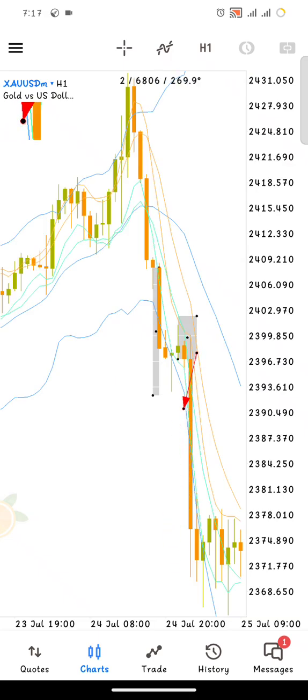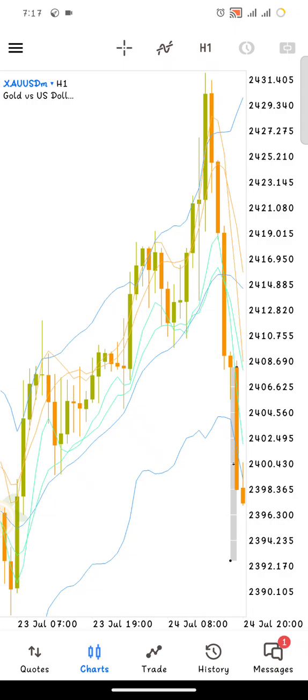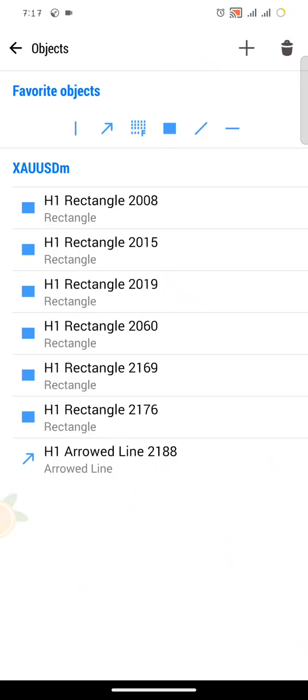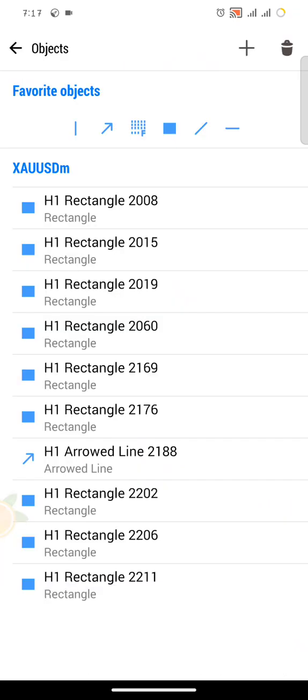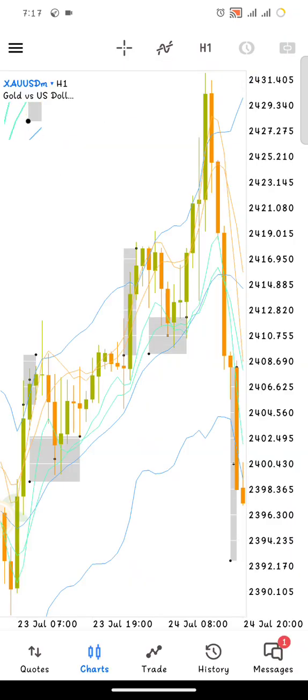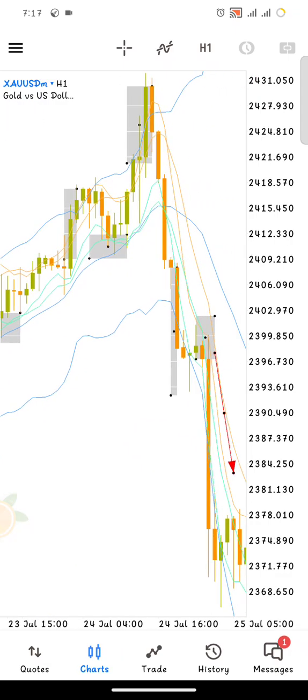Price actually boomed down, it melted down. So the strategy is as simple as that: we notice momentum, then we come for a re-entry, and then we target the other end, and price again goes like that.